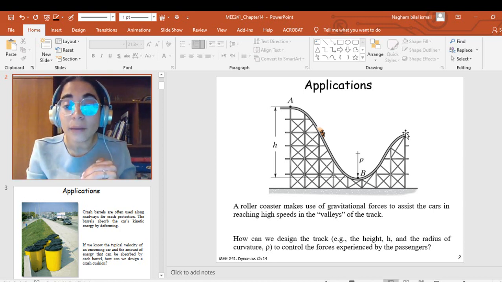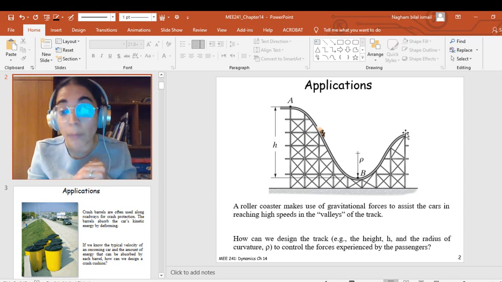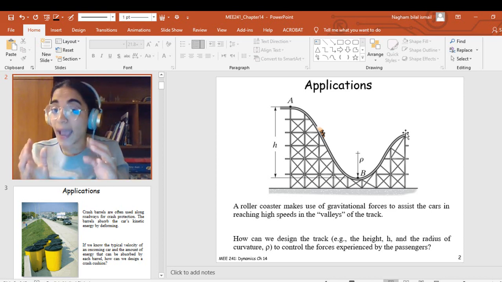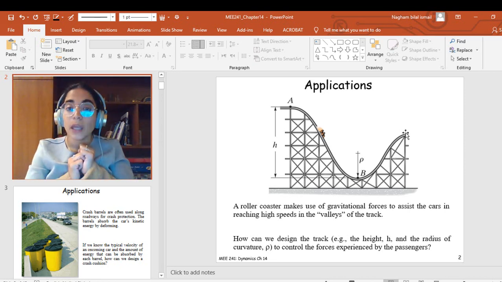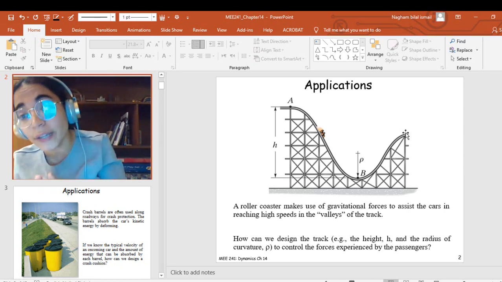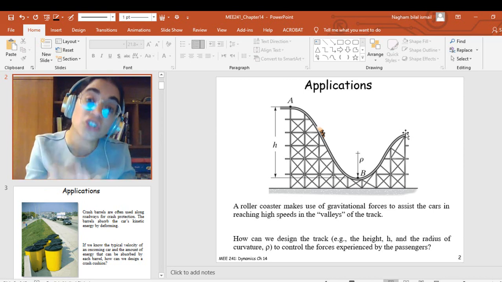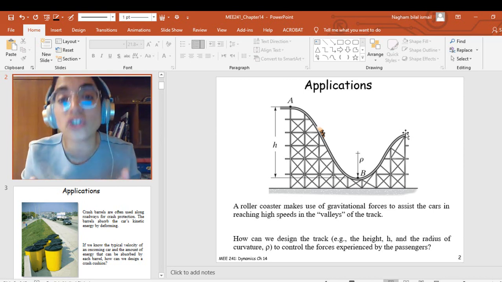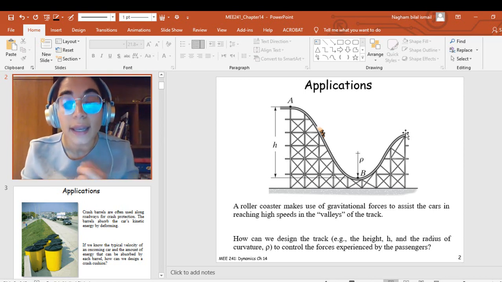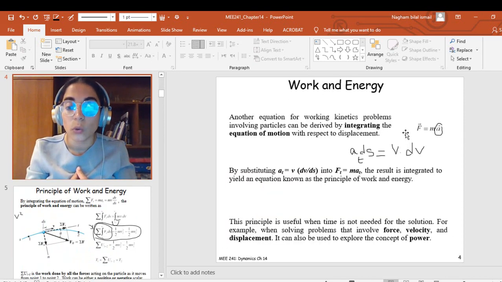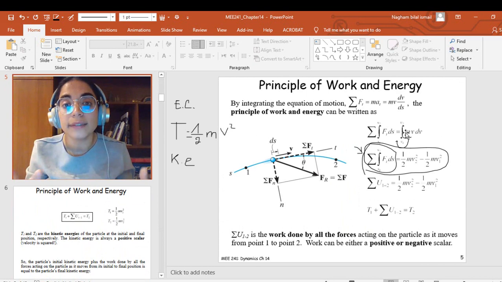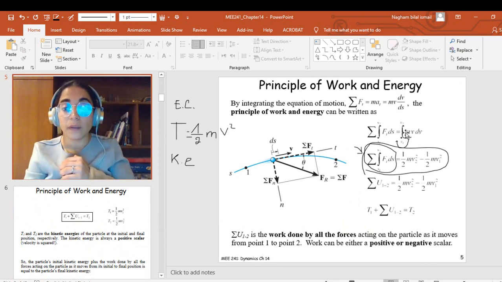And then I'm going to reach the top where I can have a zero velocity. In this case, the kinetic energy is decreasing because it is exchanged by the potential energy, right? Now, in this case, the work of my forces will be equal to a negative value.